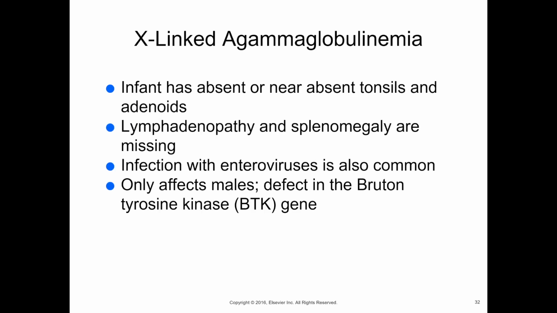Next is X-linked agammaglobulinemia. It's characterized by the absence of serum immunoglobulins and increased susceptibility to infections. The people tend to have absent tonsils and adenoids, which are basically bigger lymph nodes present in and around the lower part of our mandible. Enterovirus infection is very common with these people, and it only affects males because it is X-linked, as we discussed before.